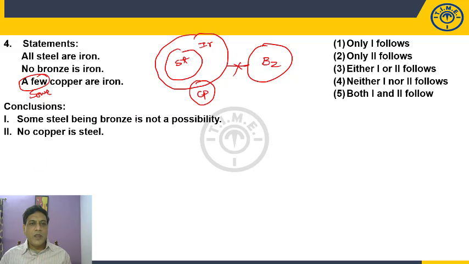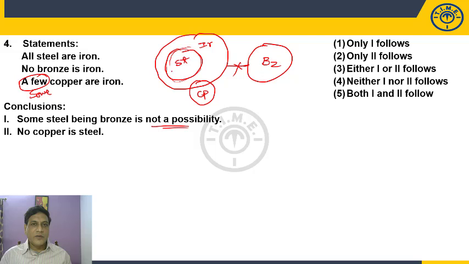Some steel being bronze is not a possibility. It says that some part of the steel being bronze is not possible. Is it possible or not possible? Not possible. Why?